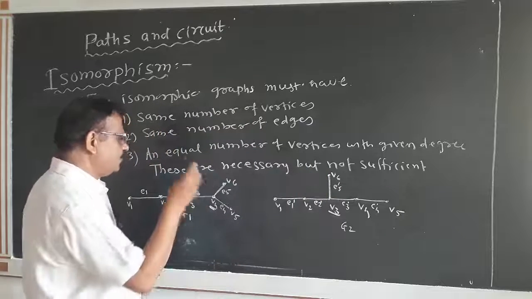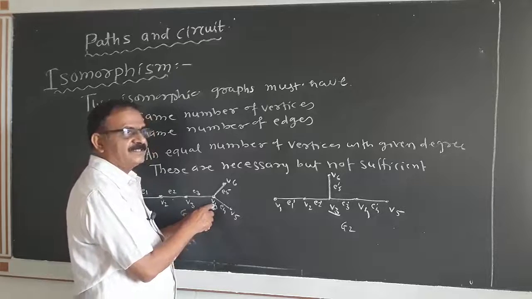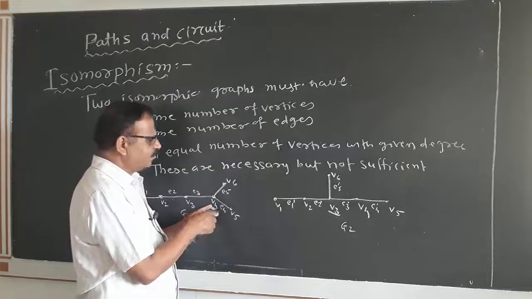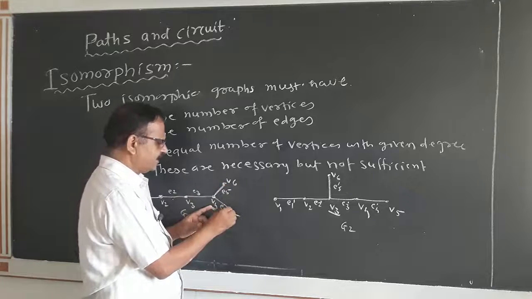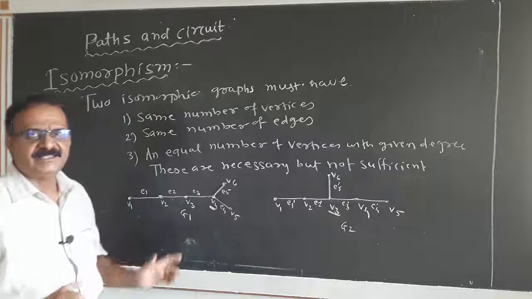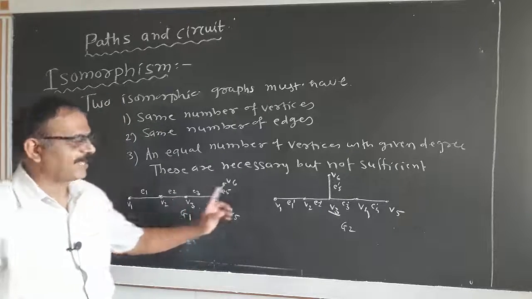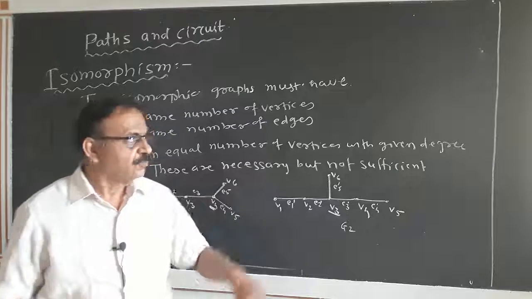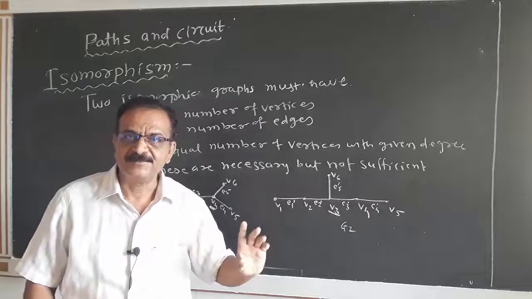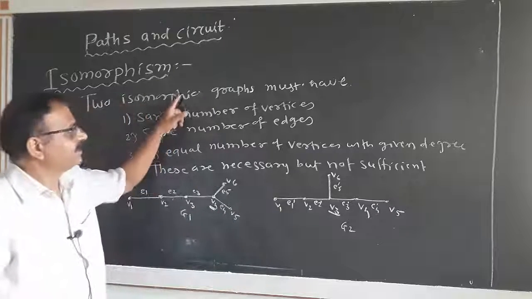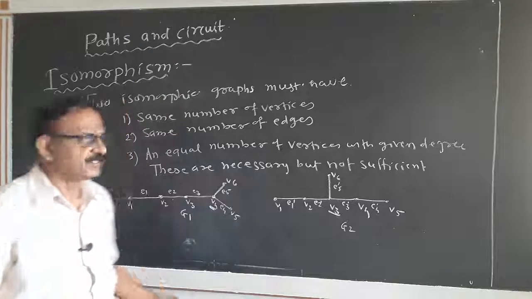But in G1, vertex V4 has two edges which have pendant vertices. That's why the incidence relationship cannot be preserved, and hence these two graphs are not isomorphic. Though all three conditions are satisfied, the two graphs are not isomorphic. This shows that these conditions are only necessary but not sufficient.